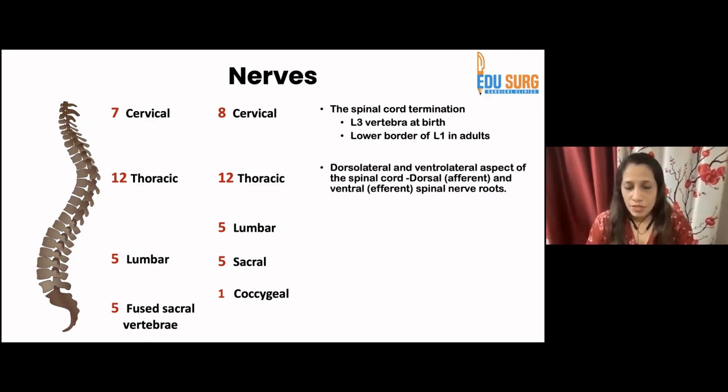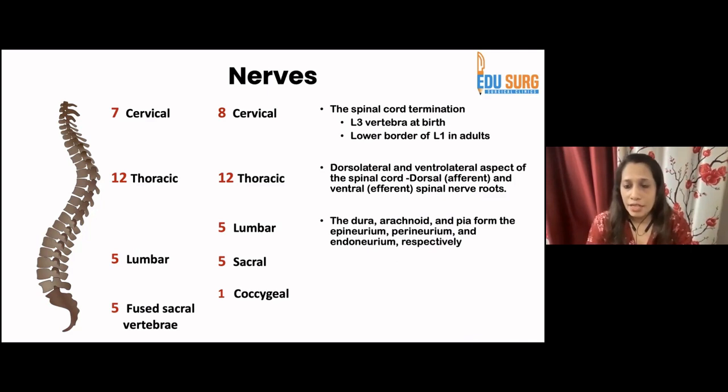So when you have these nerves, you have the dorsal root, that is the afferent root, and the ventral root, that is the efferent root. The nerve roots come out and join to form the DRG, the dorsal root ganglion, and they exit as the spinal nerves. So basically there are 31 spinal nerves.